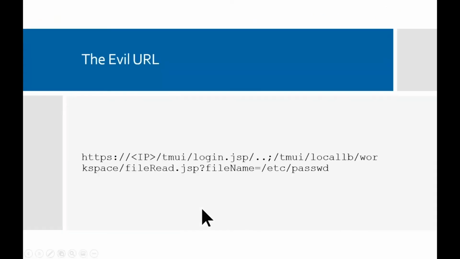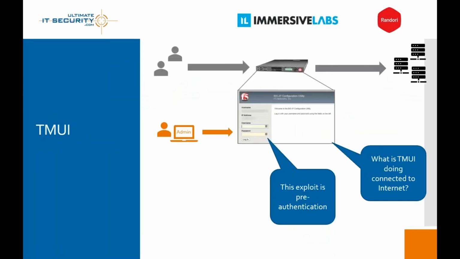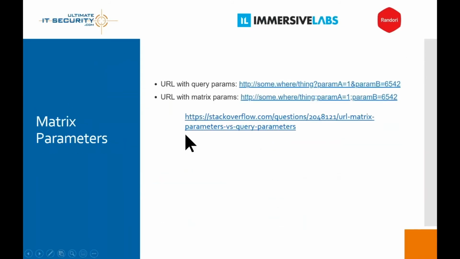So the evil URL in this case is you ask for TMUI, the IP address of the BIG-IP appliance. We're going into TMUI, the Traffic Manager User Interface, and we ask for the login.jsp page. And we're not authenticated, and that's fine, and that should put up that page that I showed you right back here.